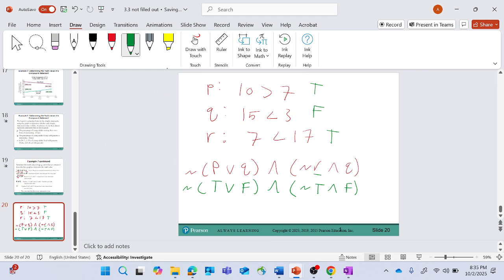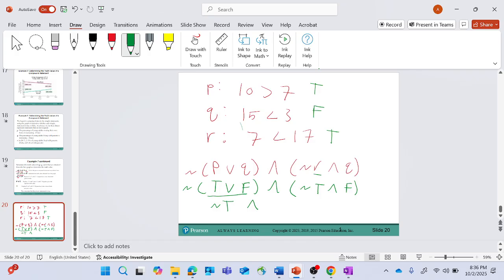And then I can keep simplifying this down. So now true or false, well, remember, an or statement just says at least one of them needs to be true. So true or false is going to be a true statement. So this gets replaced with true, and then the negation has to stick with it. So now it's not true. And then we have and.